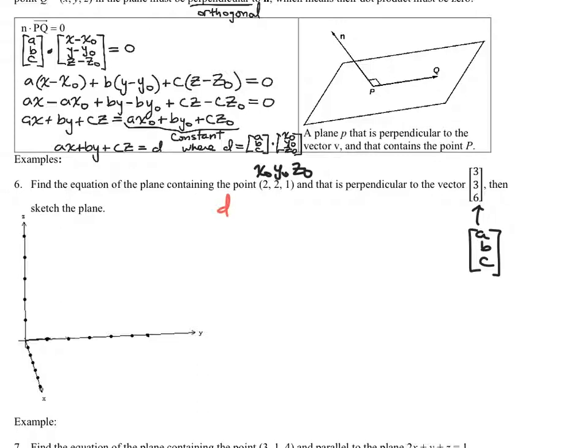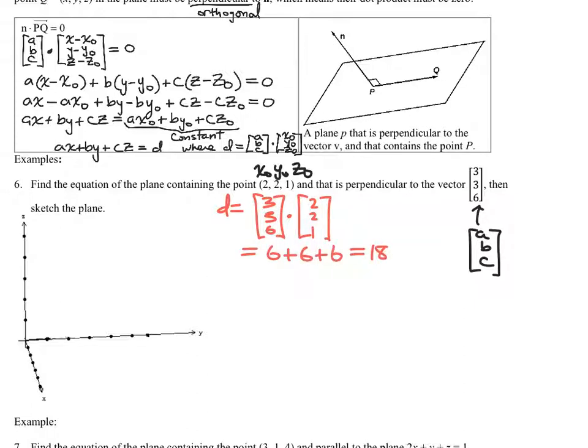So D is equal to 3, 3, 6 dotted against 2, 2, 1. So 6 plus 6 plus 6, a total of 18.